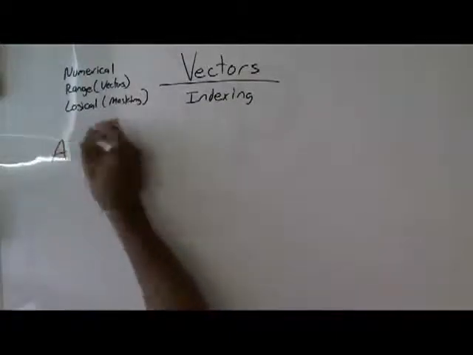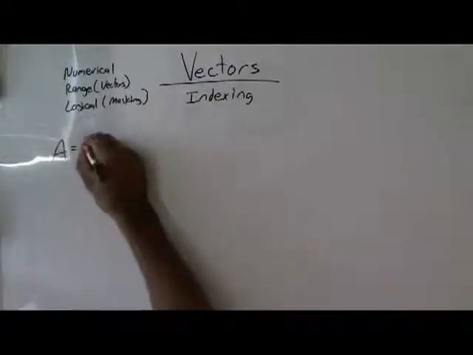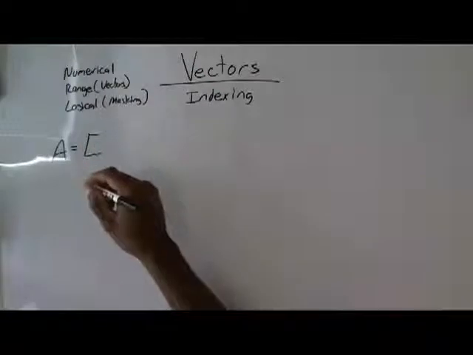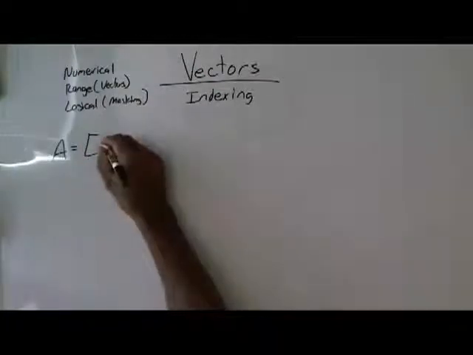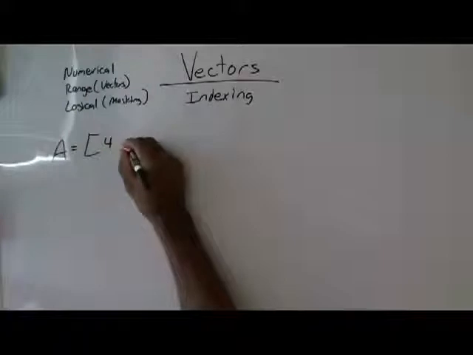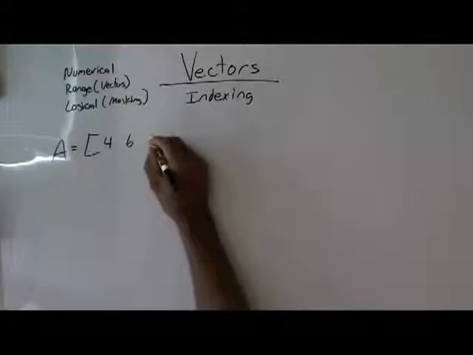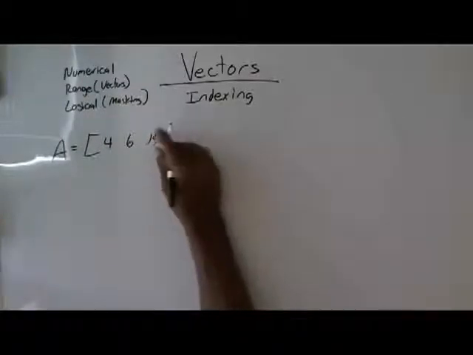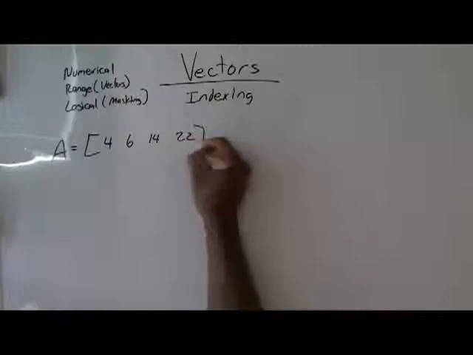So if we did vector A equals 4, 6, 14, and 22.